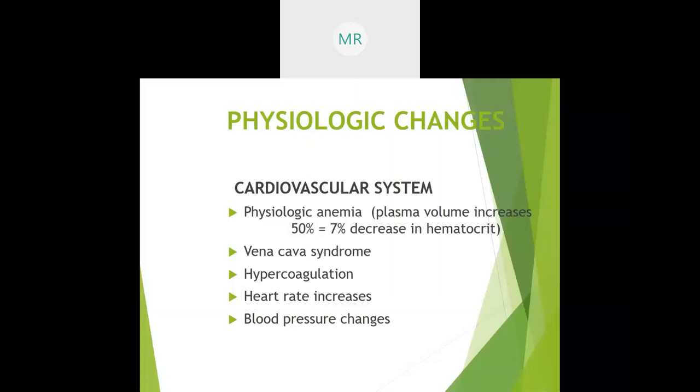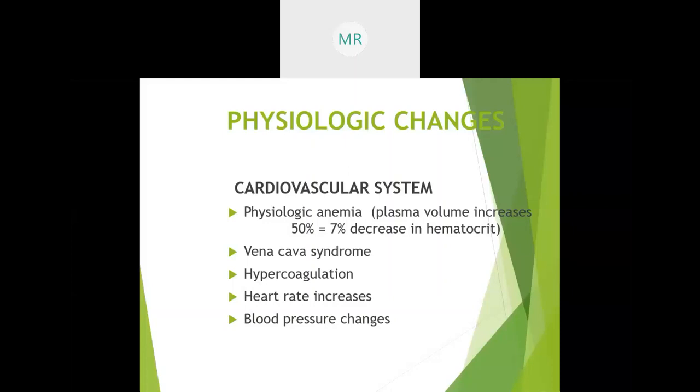Normal. There is also something called vena cava syndrome. And this is a supine hypotensive syndrome. Okay? This is why pregnant women, you don't want them to lay supine, lay flat on their backs.